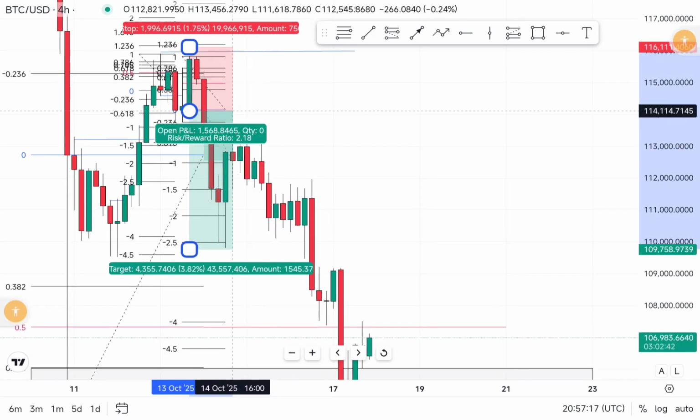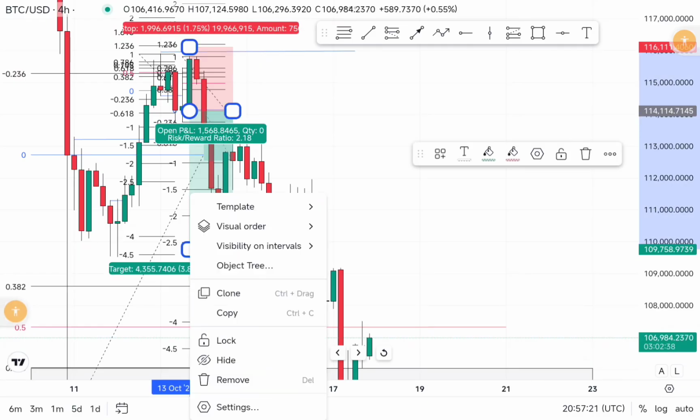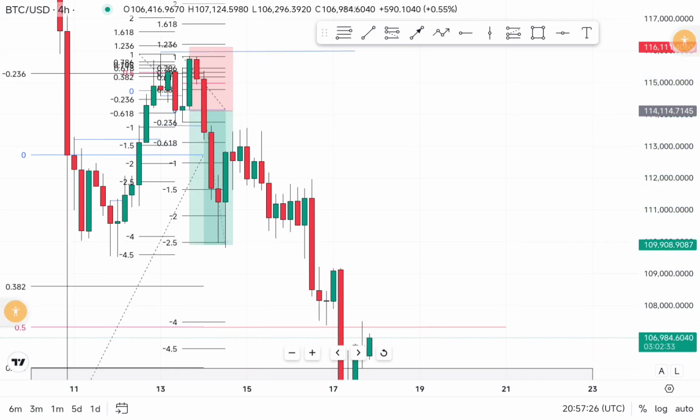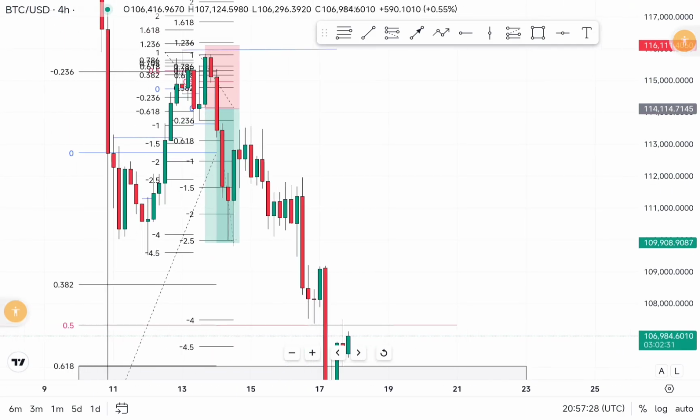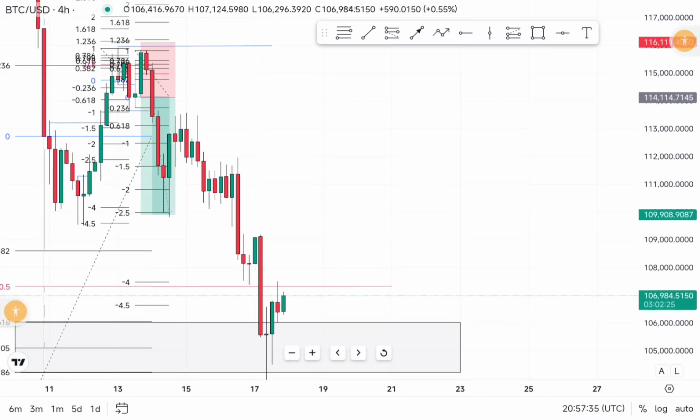From there we can anticipate our upward movement. So there you go. The FDP has been plotted, and you can see the price tests the minus 2.5 and minus 2 region, which corresponds to the minus 4 to minus 4.5 region of the change of character.